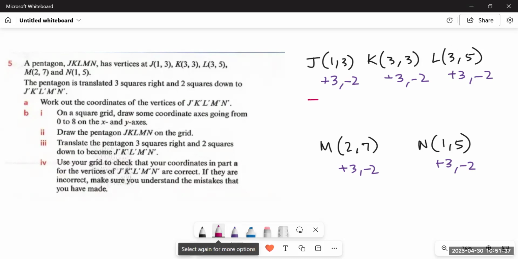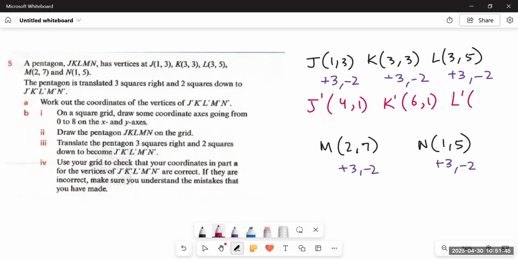The coordinates for J dash would be (4, 1), K dash (6, 1), L dash (6, 3), M dash (5, 5), N dash (4, 3).